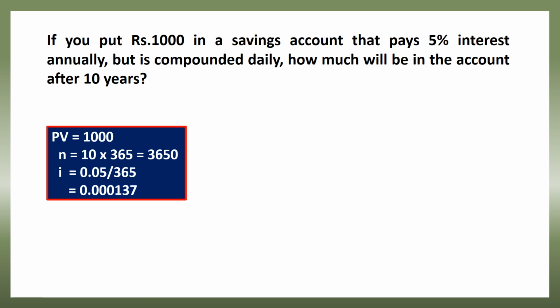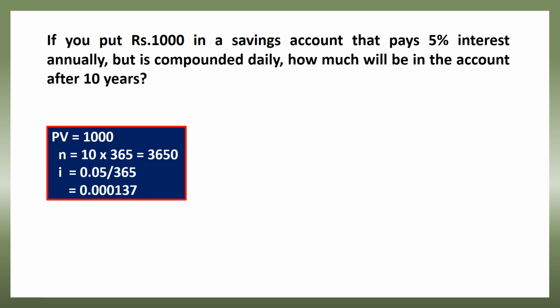When it is compounded daily, we have to multiply that n by 365, because when compounded daily, there will be 365 times of compounding in a year. Daily it is being compounded. So 365 times it is compounded in 10 years. Thus n becomes 10 into 365, that is 3650.